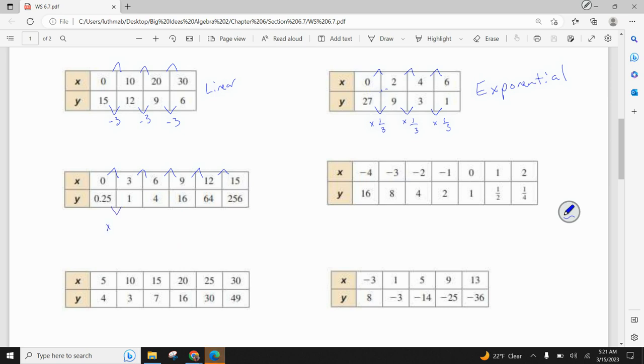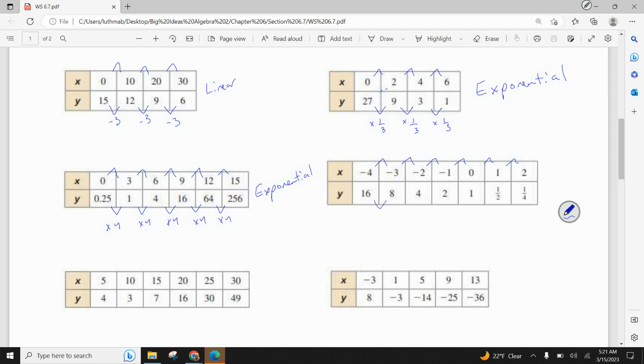So now I'll try common ratio times 4, times 4, times 4, times 4, times 4. So because this has got a common ratio, we can clearly say it is exponential. Plus 1, plus 1, plus 1, plus 1, plus 1, plus 1. So no surprises there.